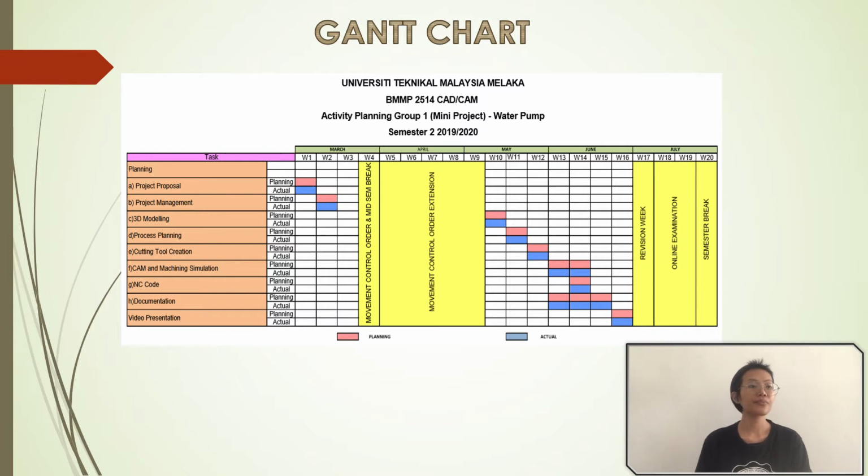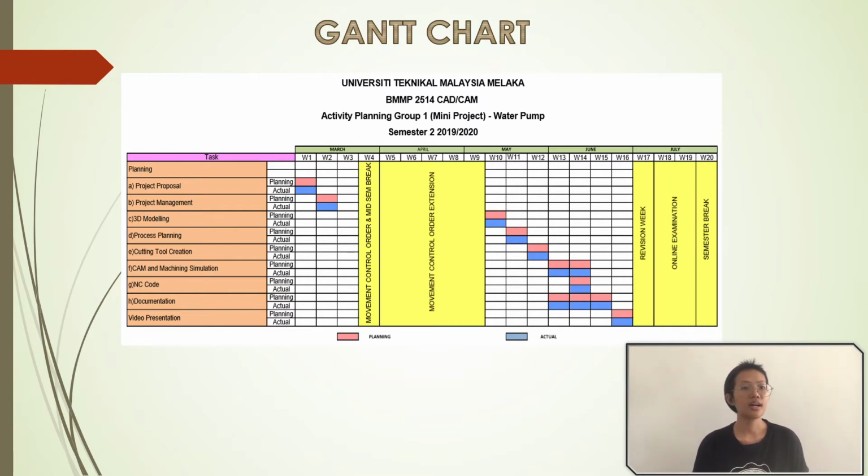The orange column is the tasks that were given, such as project proposal, project management, 3D modeling, process planning, cutting tool creation, CAM and machining simulation, NC coding, documentation, and video presentation.